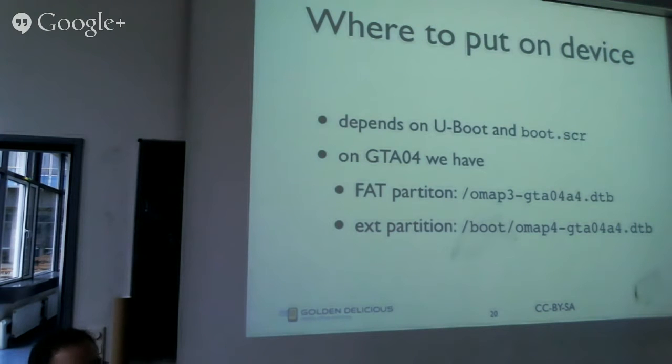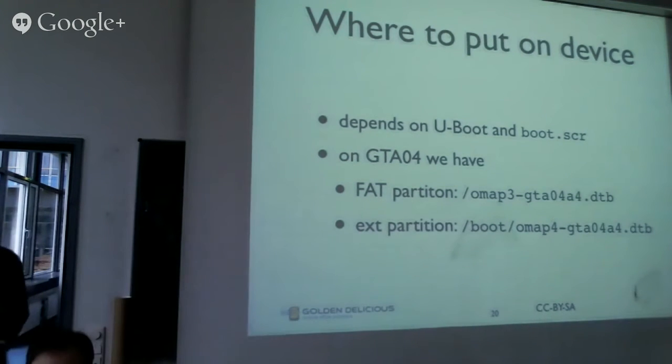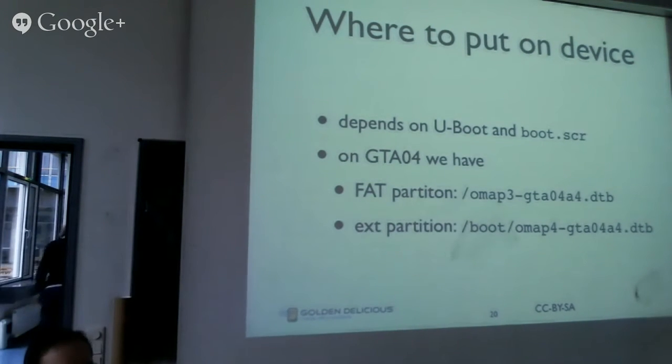But basically, we usually have a FAT partition, and there we have the uImage, and we just add another file, the device tree binary. Or we can even add several device tree binaries, so they just waste about 30 KB or 60 KB on the memory card, but only one of them is used. If you boot from an ext partition, it is in /boot.